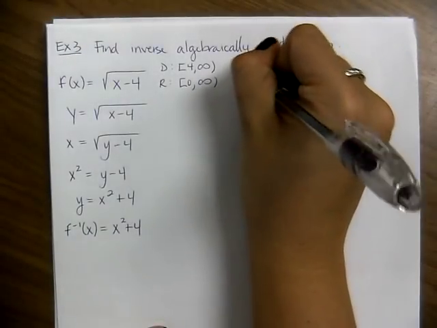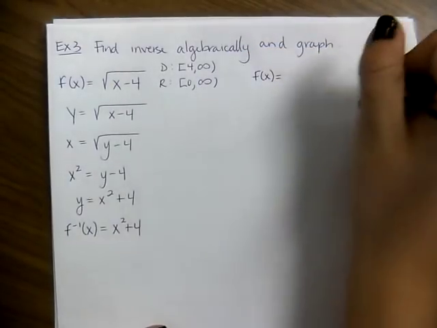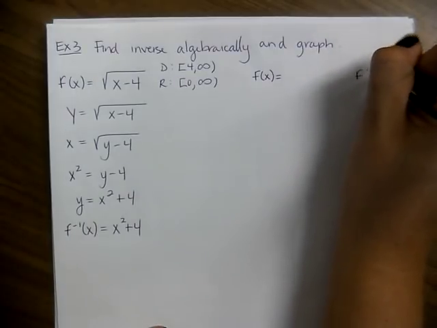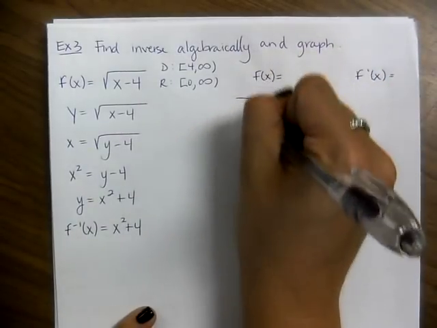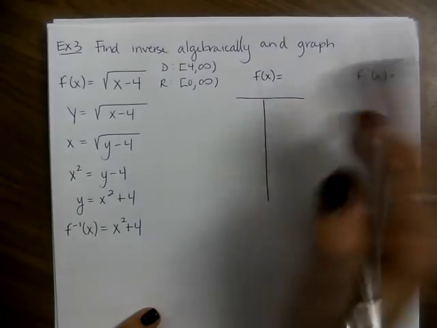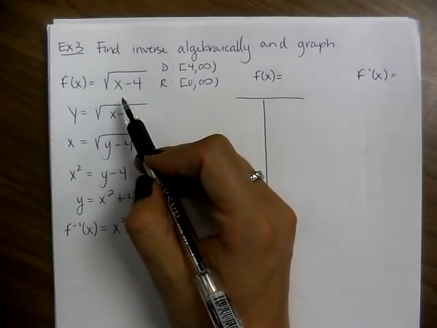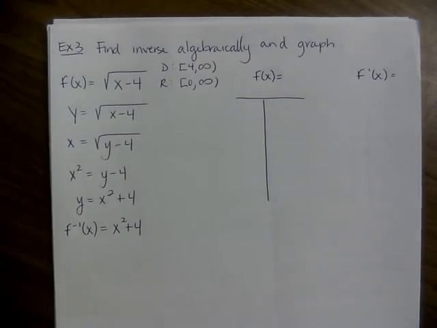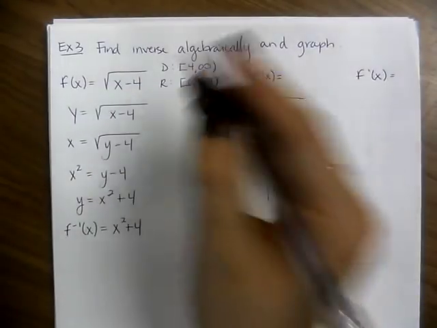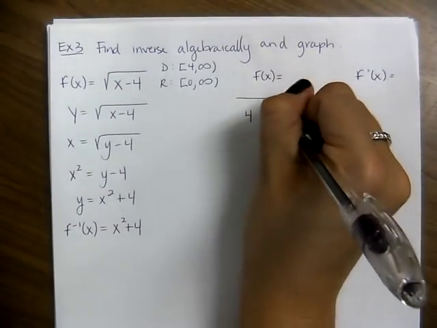So again, I have to make a table. I'm going to make a table for f of x, and I'm going to make a table for the inverse of f of x. Now when I make a table for my square root of x minus 4, I want to choose values that I can plug in and easily evaluate, right, since it's a square root. So if I plug in a 4, I get out 0.